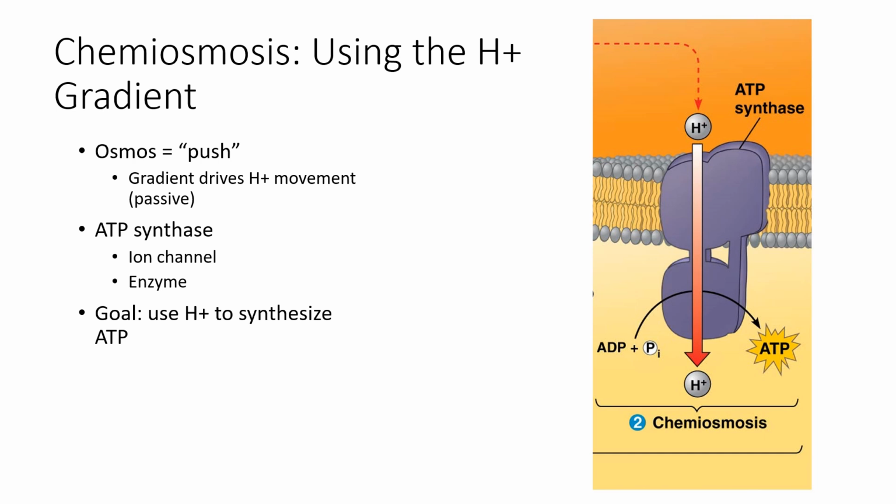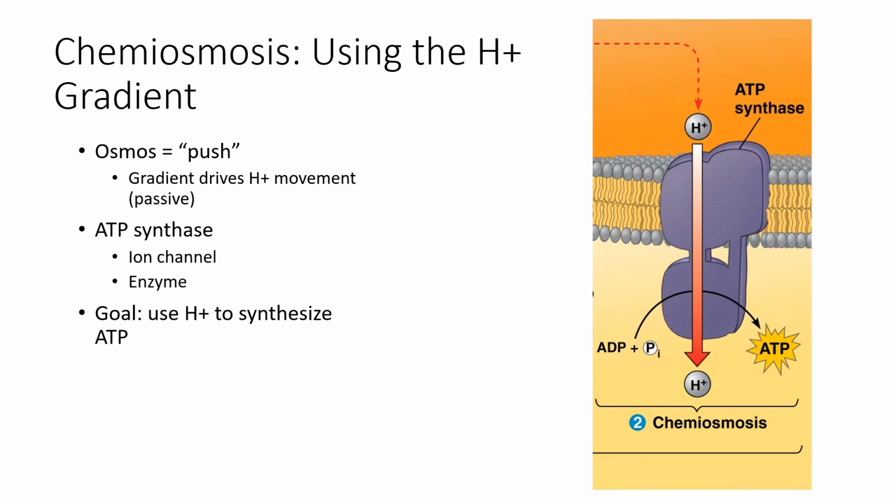Because what is going to happen within this process is the gradient that we've created of hydrogen ions is going to drive this movement. And it is a passive movement, meaning there is no energy required to cause it.